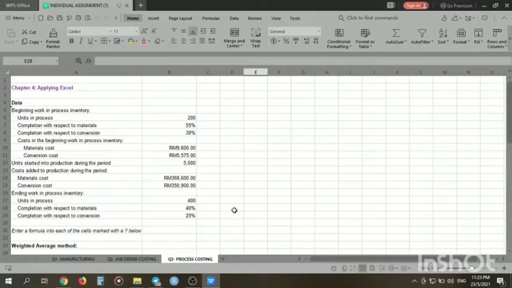We move to the last question on process costing. There is several information and data given.